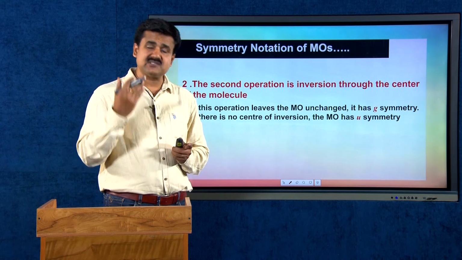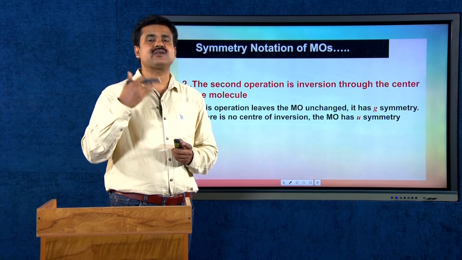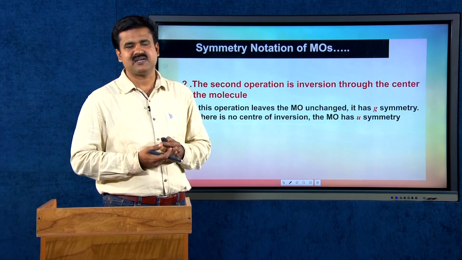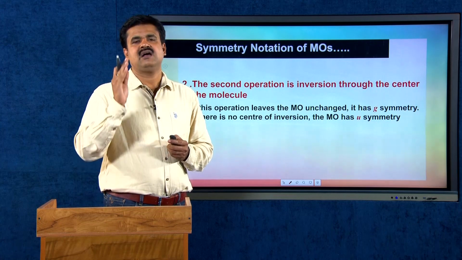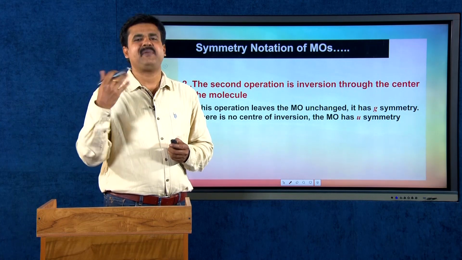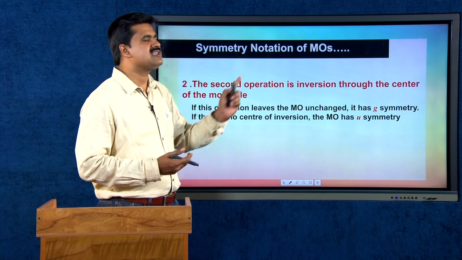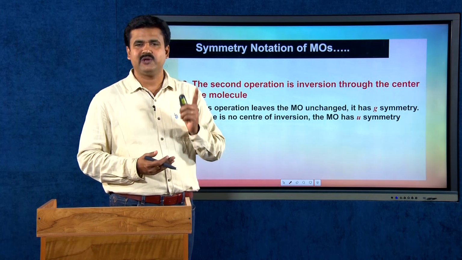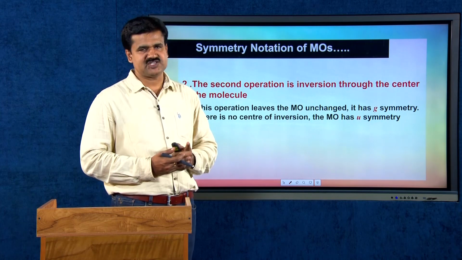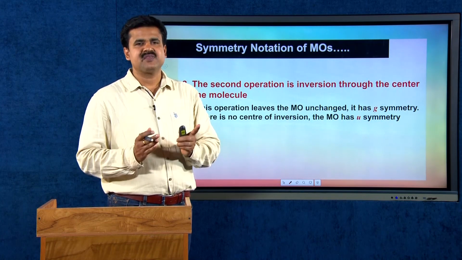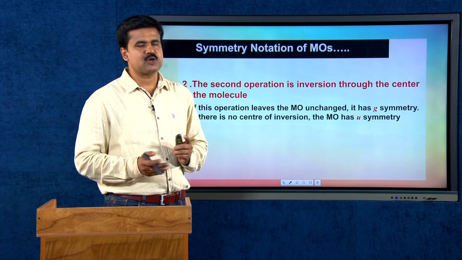If inversion changes the orbital, then the molecular orbital belongs to u symmetry. u stands for ungerade parity. That means we can give a g or u notation to the molecular orbital based on the second operation.